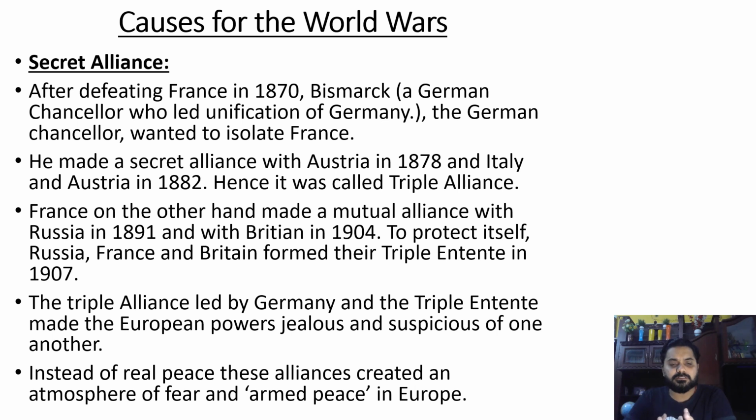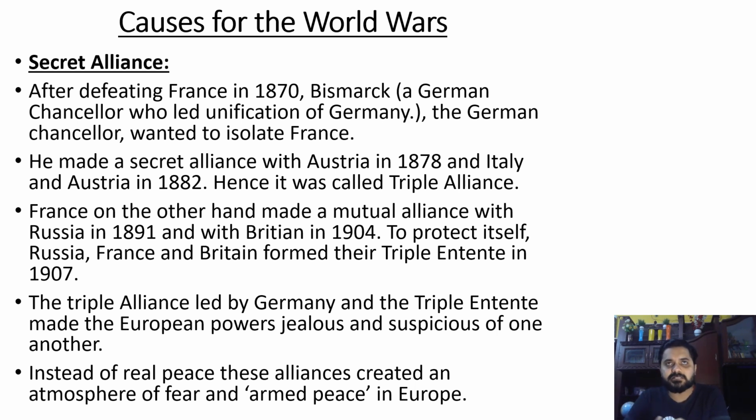So on one hand we have the Triple Alliance, and on the other hand we have the Triple Entente. The Triple Alliance was led by Germany, and the Triple Entente was led by Britain and France.